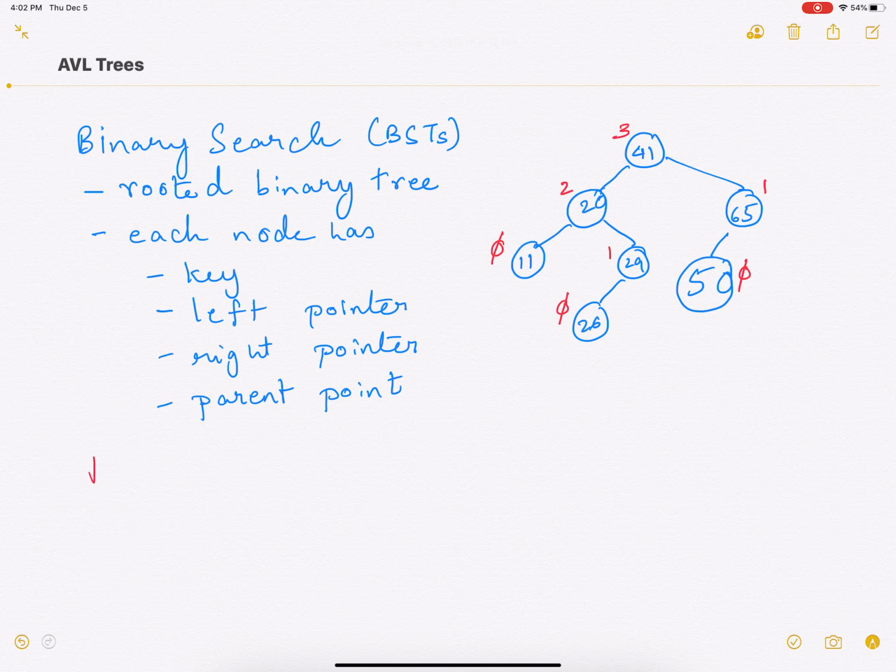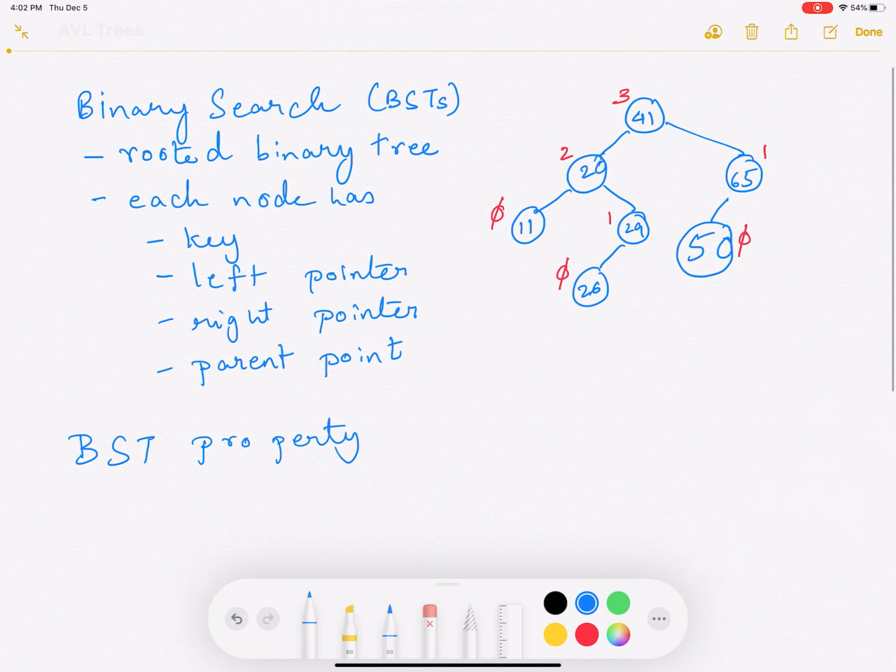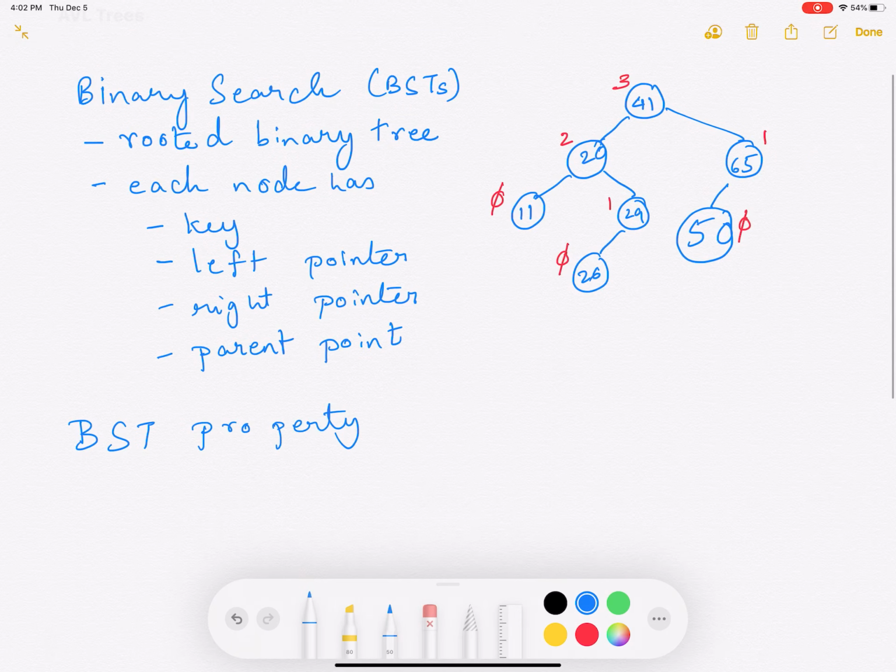Now, BSTs have an important property called the binary search tree property. So what is the BST property? At any node X, all the keys in the left subtree are less than the key at that node, and all keys in the right subtree are greater than the key at that node.